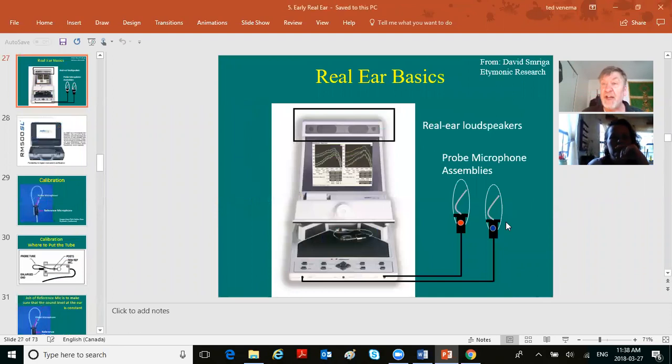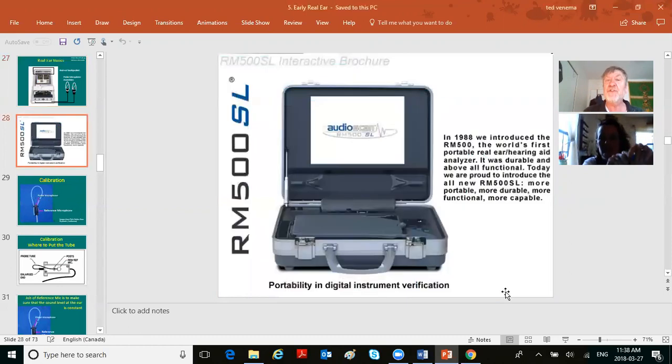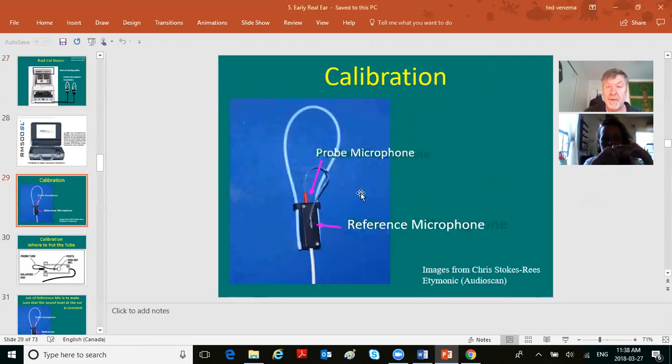So if you wanted the sound to be 60 dB SPL, the reference mic is saying, hey, is it really 60 that's hitting the ear? If I move closer, the sound from the speakers will get softer to maintain 60. If I move further away, the speakers will get louder to maintain 60. That's the job of the reference mic, right here.